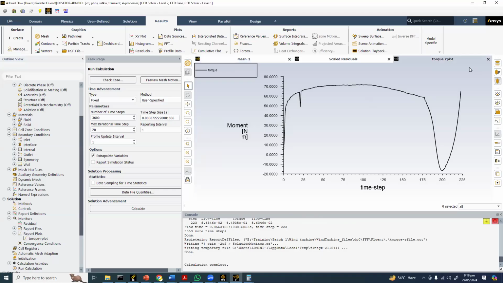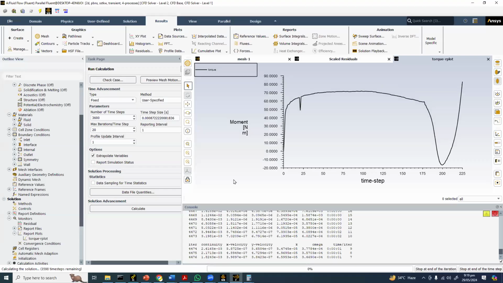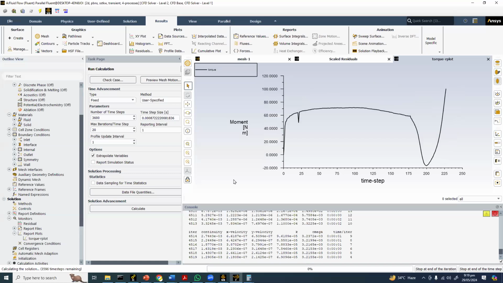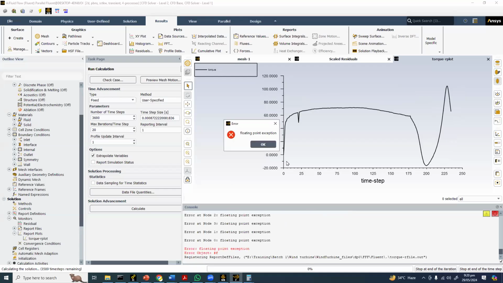You can see the difference now. Floating point error.